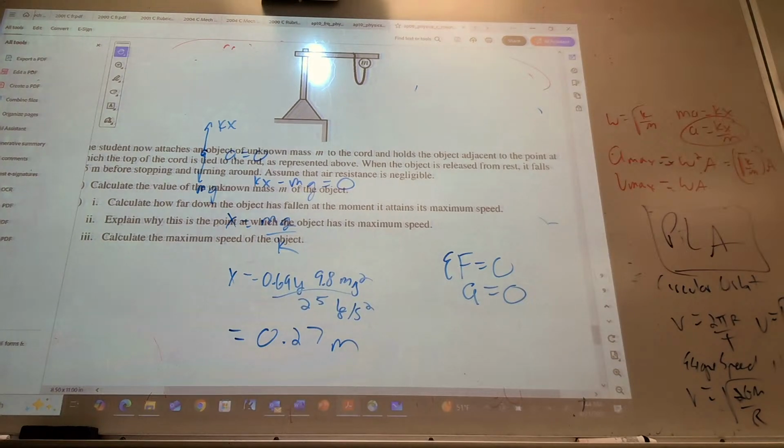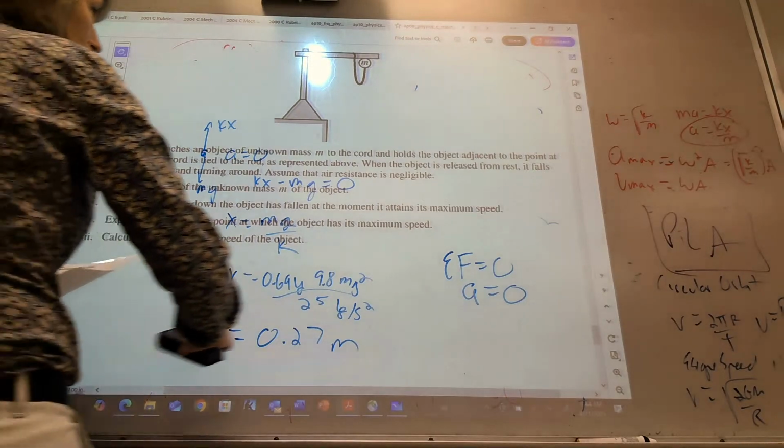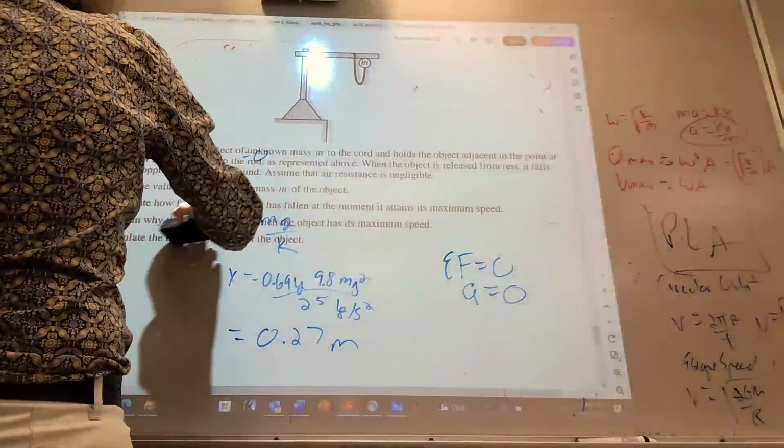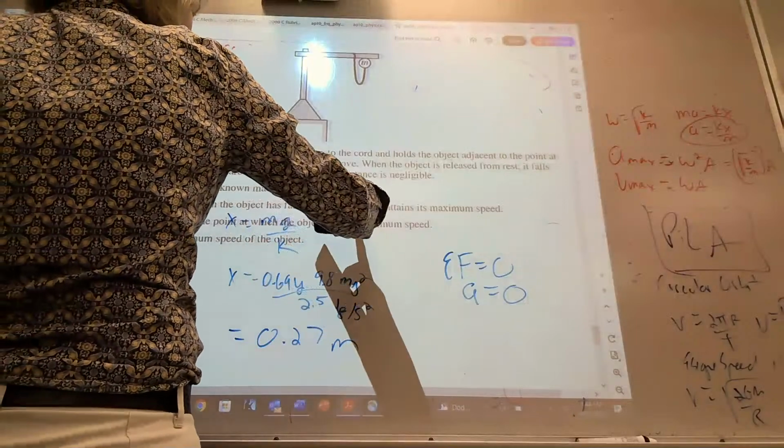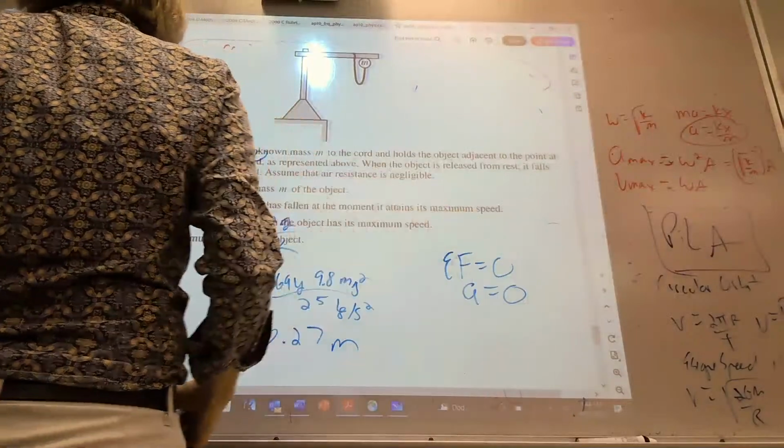Okay, so now I don't see... Calculate how far down the object has fallen at the moment it attains its maximum speed.